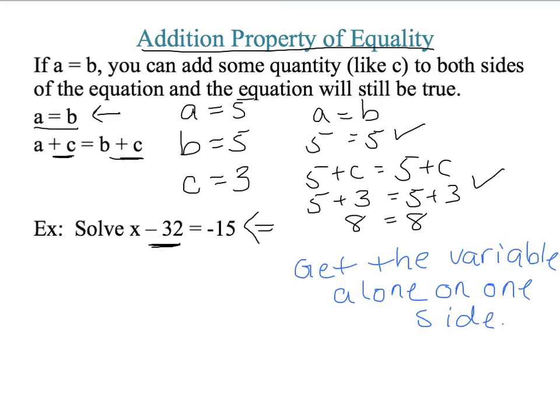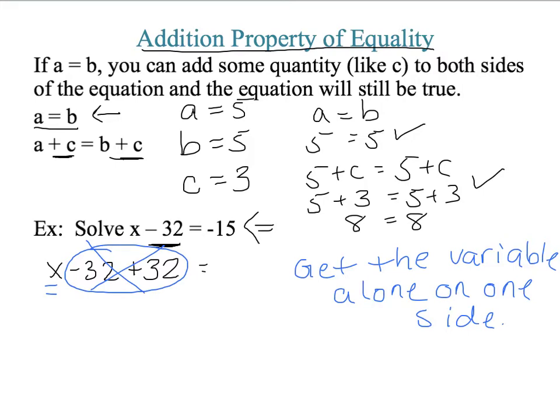If we were to go ahead and have x minus 32 and then add 32 to this side, these two values would cancel each other out because minus 32 plus 32 is equal to 0, so they would no longer exist and you have x by itself.